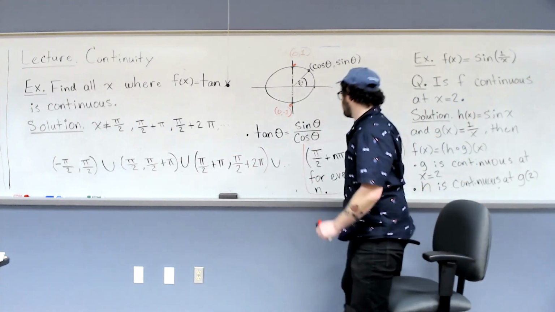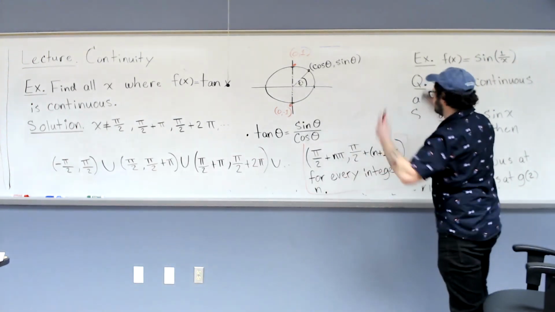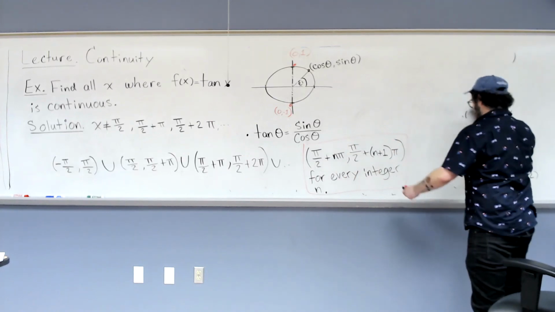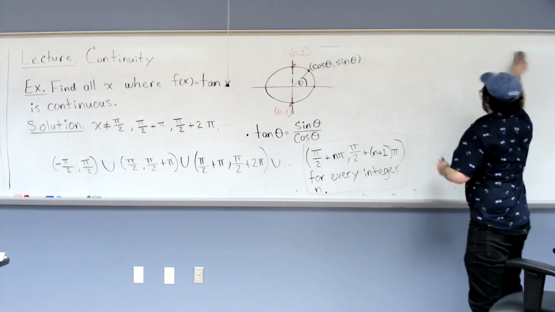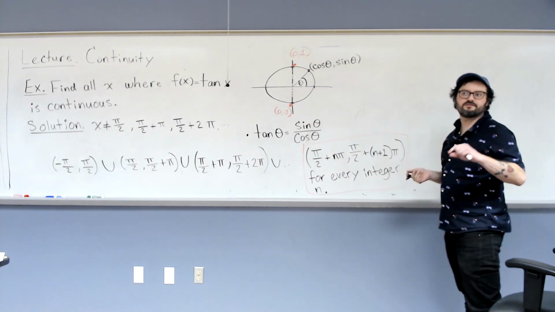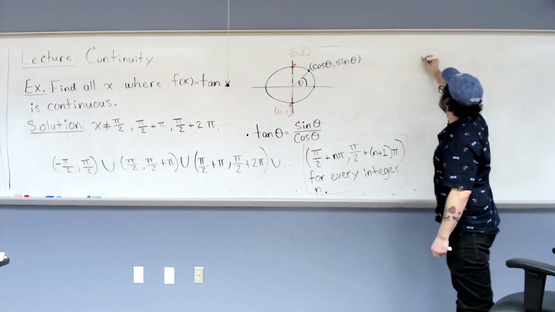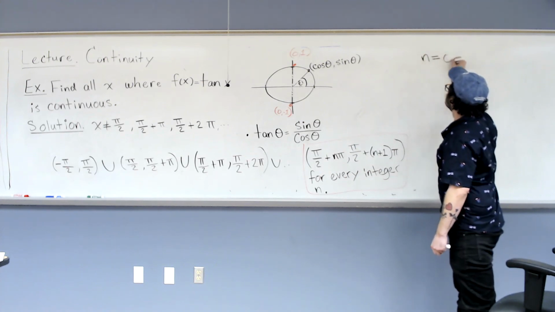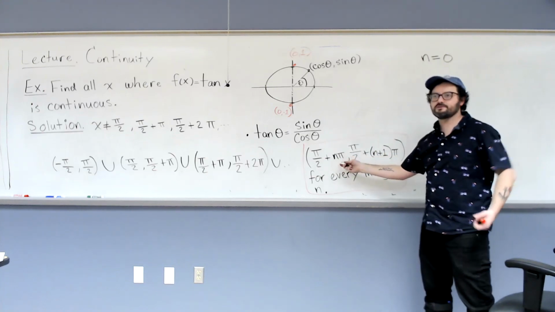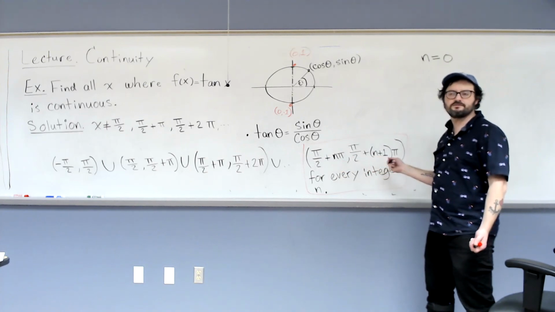Well, what happens for this proposed solution to the problem? n can be any integer. So these are positive and negative whole numbers, right? So what happens when n is equal to 0? What does this interval become? Pi over 2 plus 0, comma, pi over 2 plus pi.